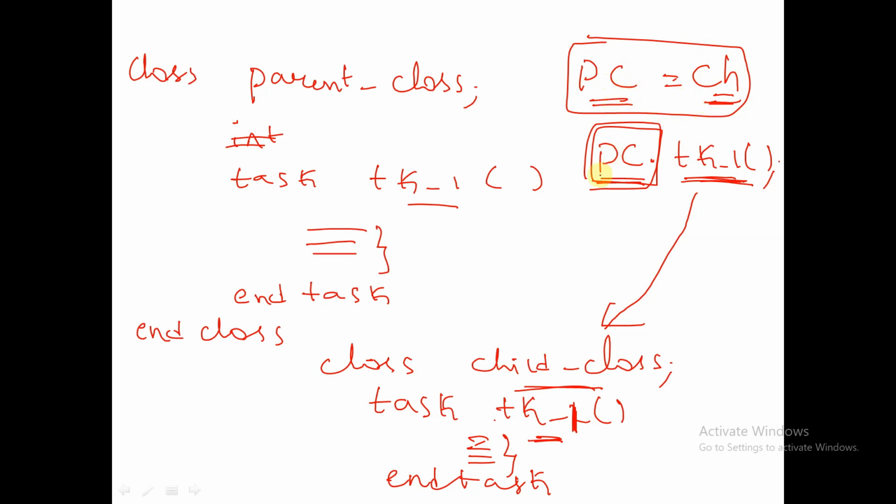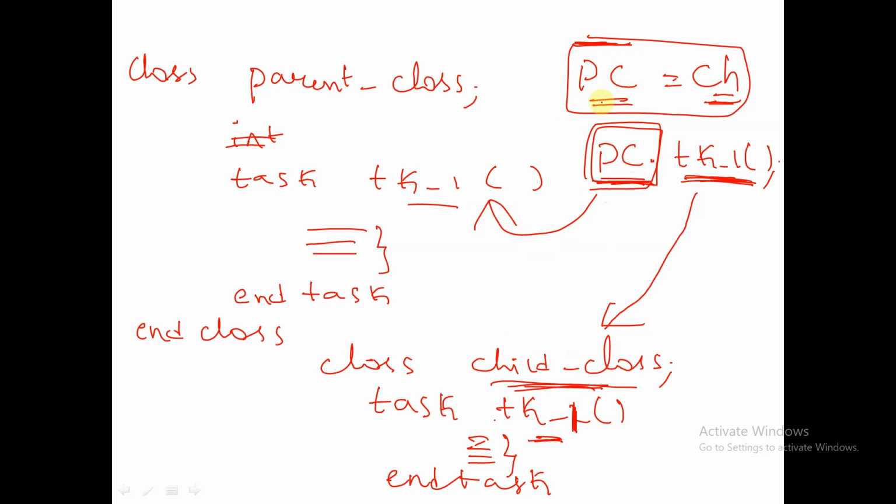So if I call tk_1 with my parent class, I will think the child class task will be executed. This is what I am going to think, but this will not happen. The task present inside my parent class only will be executed.